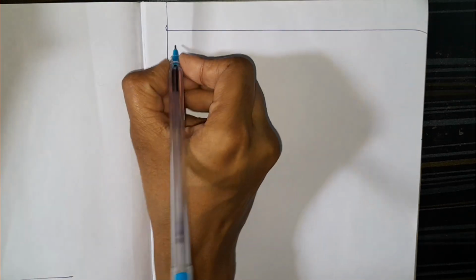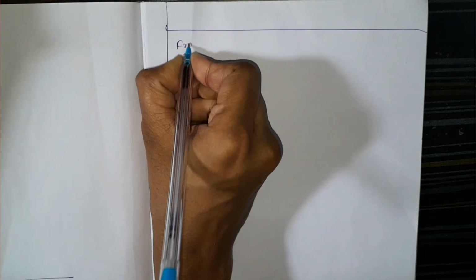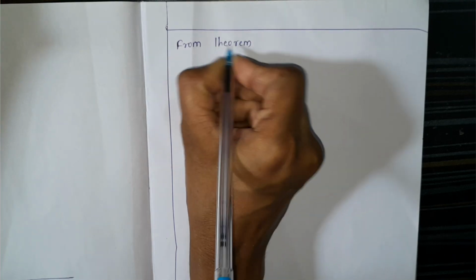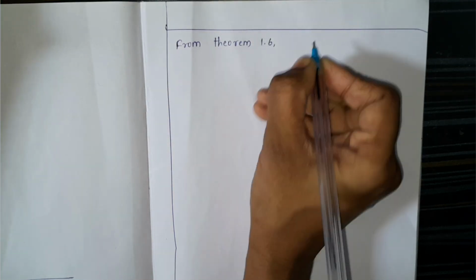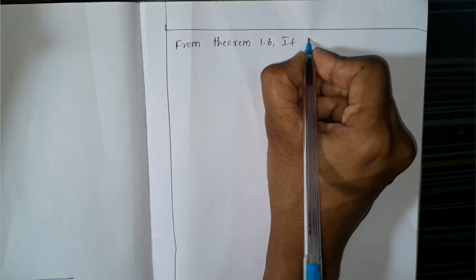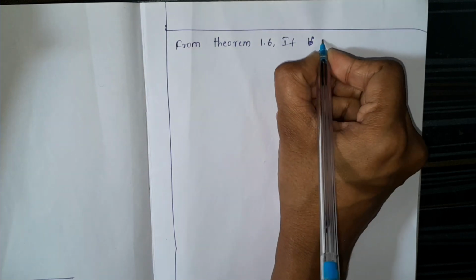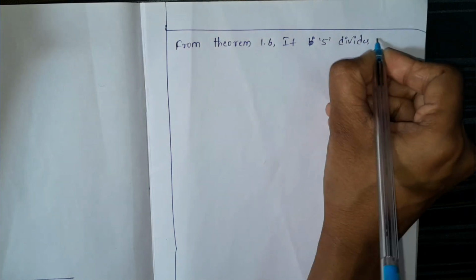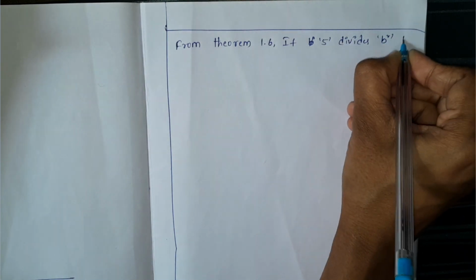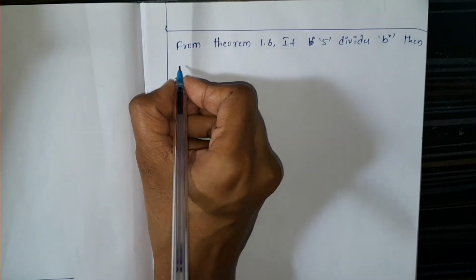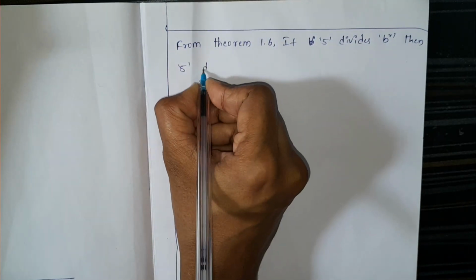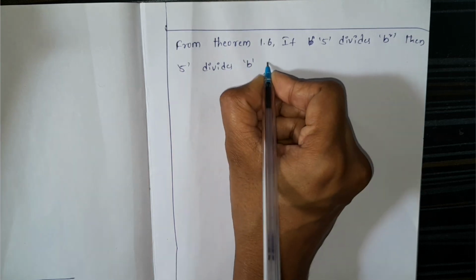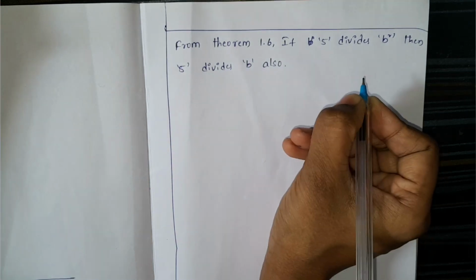From theorem 1.6, if 5 divides b square, then 5 divides b also, right? Then 5 divides b also.